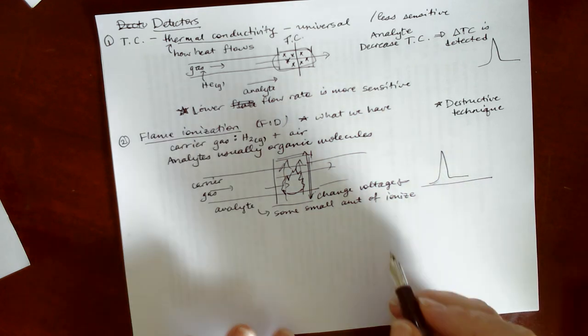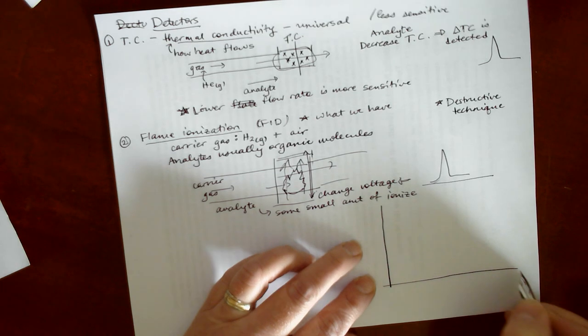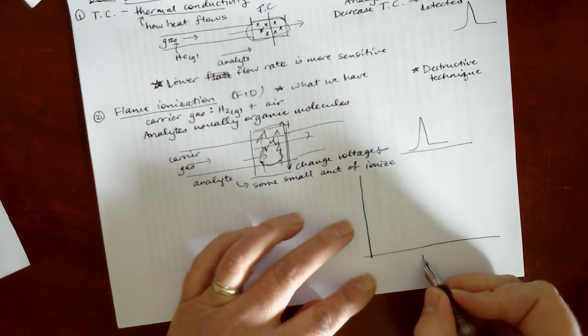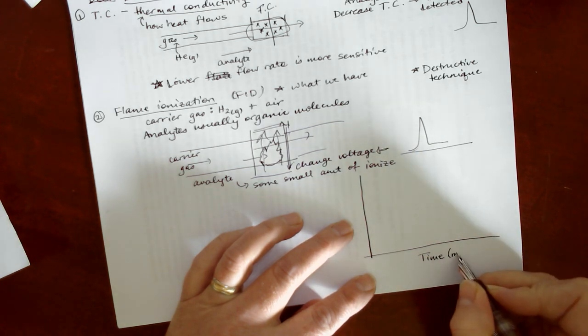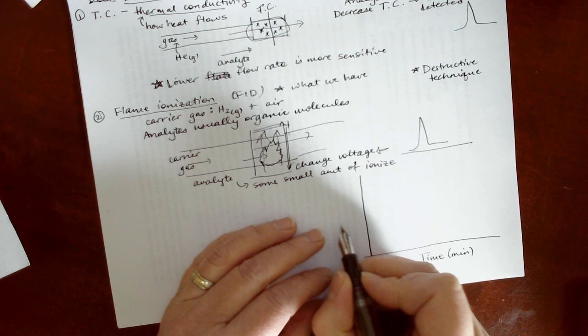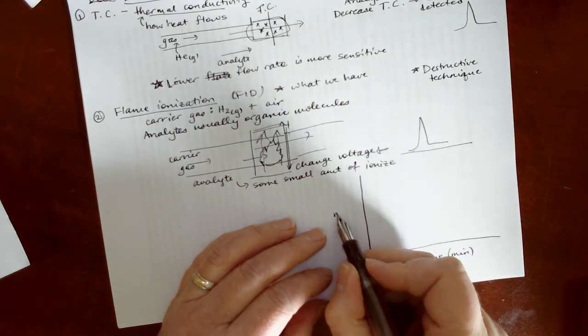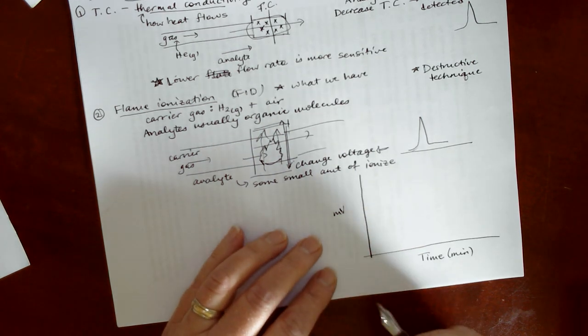And that is also, if we look at the scan of what we are looking at, regardless, we are going to have time, and usually this is minutes or hours, and then depending on what your vertical axis is, if you're measuring voltage, it might be in millivolts or something like that.